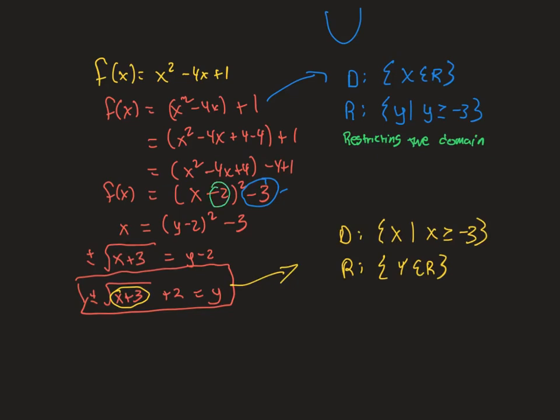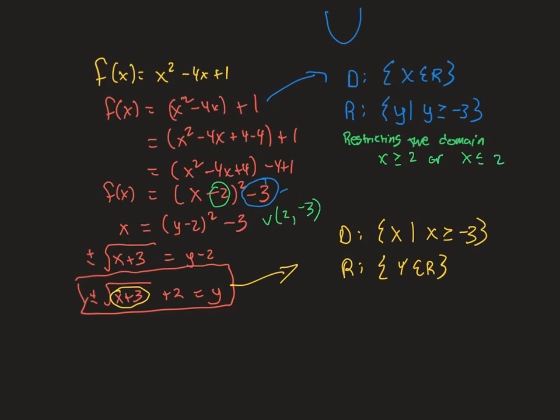Because, you know, it's coming from here. So you know my vertex was 2, negative 3. So you know my axis of symmetry is at x is equal to 2. So it's either going to be greater than or equal to 2 or less than or equal to 2.